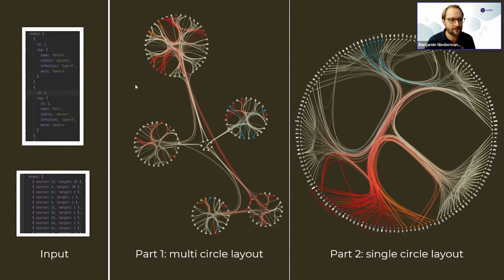So this decides in which partition the node will be placed. And apart from this information for the nodes, there is also, of course, some information about the edges, which show which nodes are connected. Yeah, and in the first part, I will show how to use this data to get this multi-circle layout. So let's go to the source code.